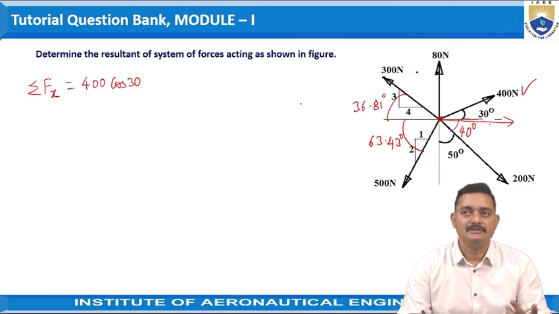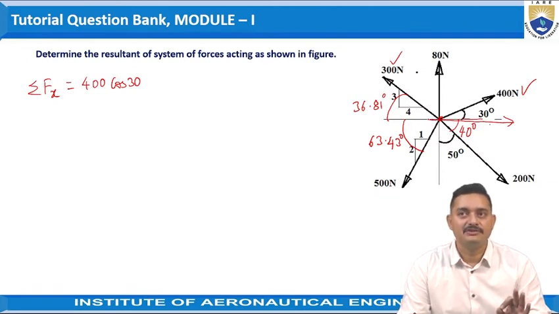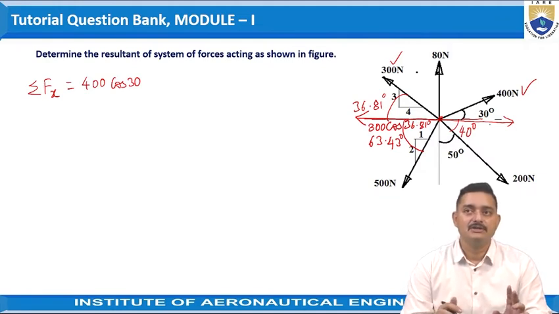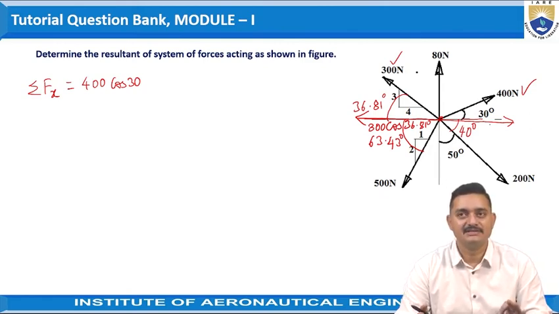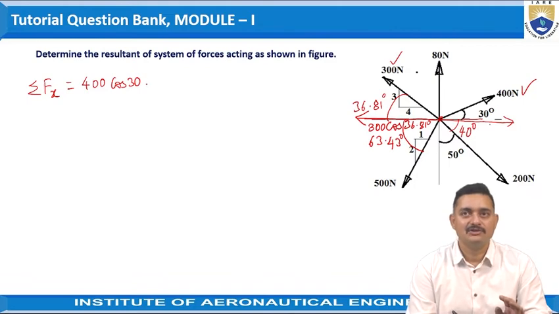Then coming to the 300 Newton force, the horizontal component of this force would be acting in the negative direction and the component value would be 300 cos 36.81 degrees. As this is acting in the negative x-axis direction, we will take it as a negative force. So the value would be minus 300 cos 36.81 degrees.